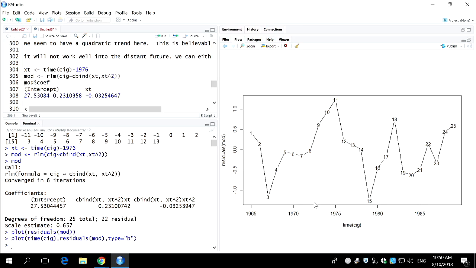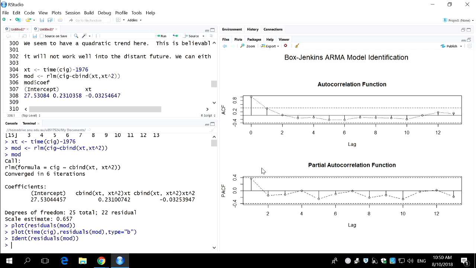Okay? All right. So the residuals I've got so far are now detrended and deseasonalised because there was no season. Okay? So I can actually proceed and do a Box-Jenkins identification of these residuals. And you get this. Okay, so there's the ACF, right?